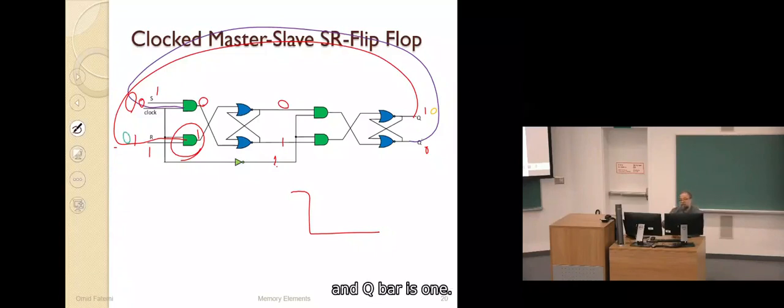And Q bar is 1, so we have 1 here. So this one, S is 1, so this one gets 1. But this is 0, this becomes 0. So now we have 1, 0. S is 1, R is 0. So the output will be 1. It will be set. And then in the next half of the clock cycle, it goes out.